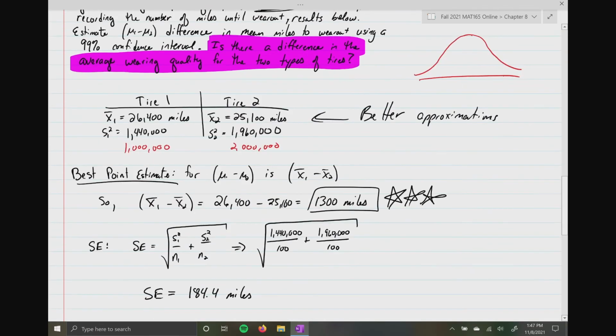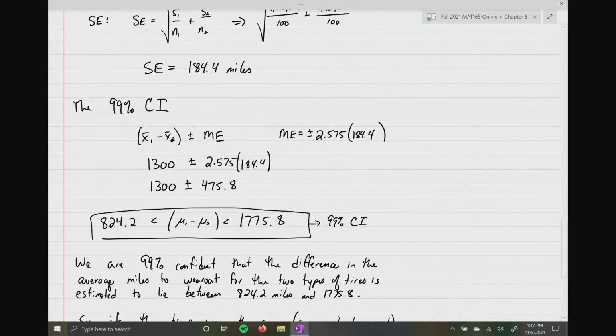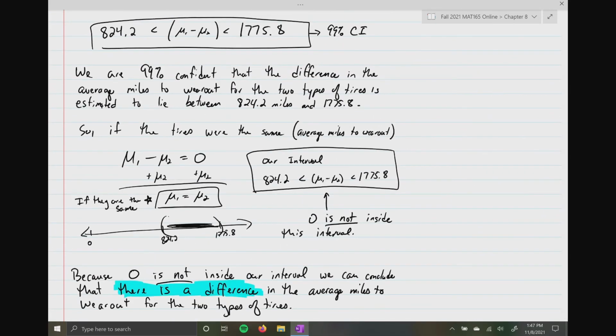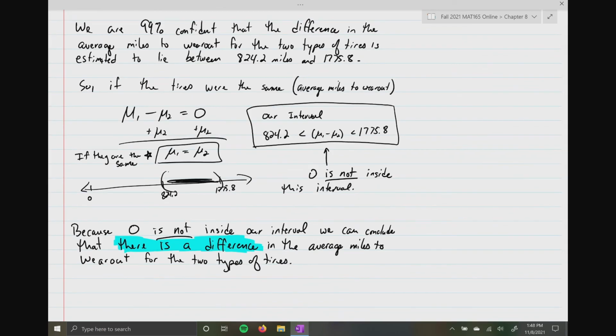You just follow how you make your best point estimate. You find your standard error. You use that information to calculate your confidence interval. And then what we can do is make decisions. Remember, if there is a difference, 0 will not be inside the interval. This means there is a difference.